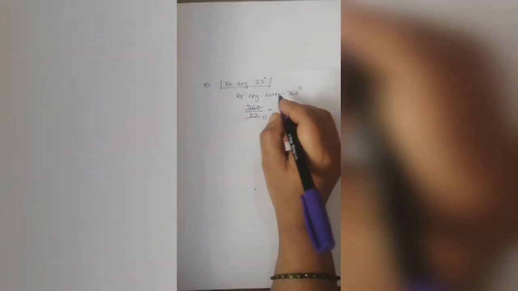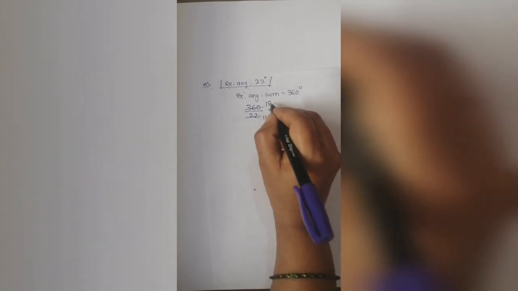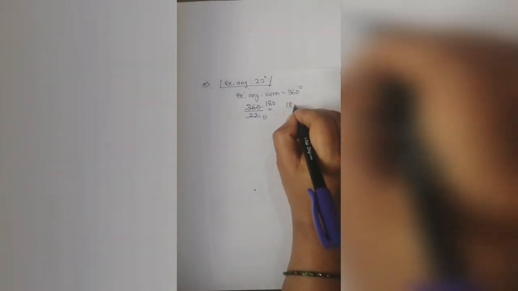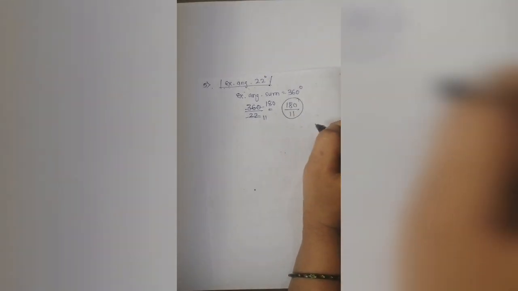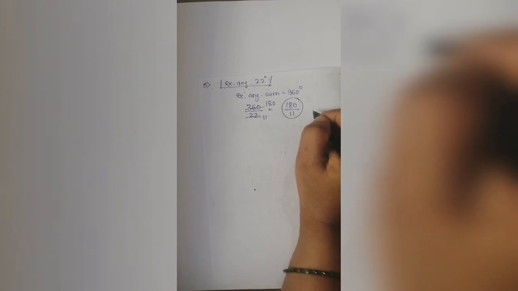2 1s are 2, 2 8s are 16, so we get 180 divided by 11. Here we are not getting a whole number; we are getting a rational number, okay?